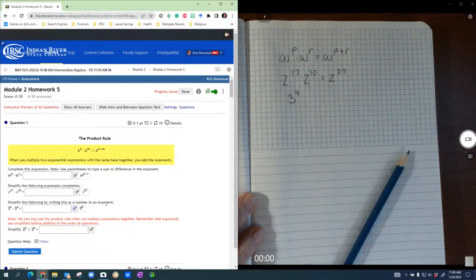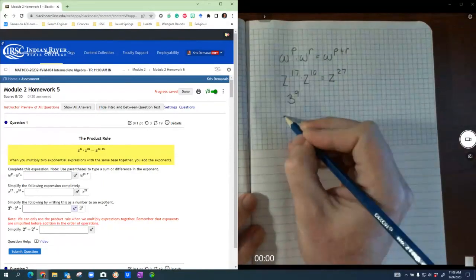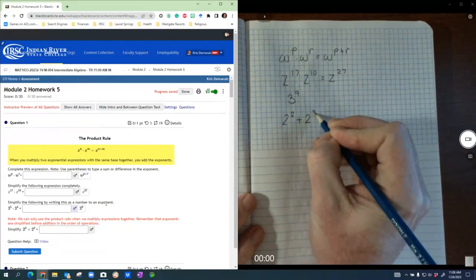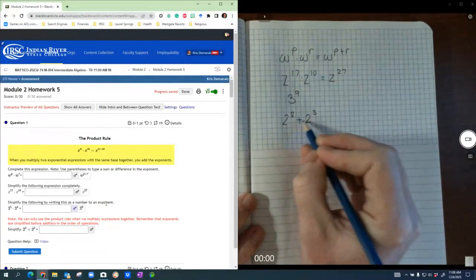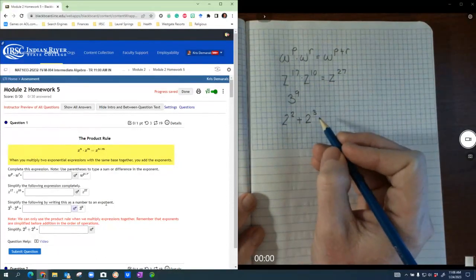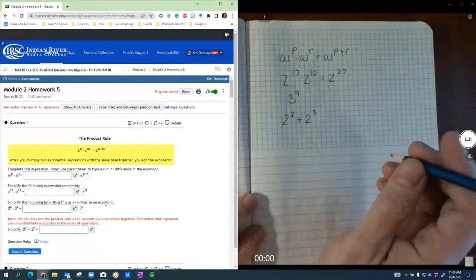Really, really simple. Now, I want you to take note over here with this right here. What you're doing is significantly different. You do not add the exponential powers together just because you're adding here. This is a completely different thing. It says we can only use the product rule when multiplying expressions together.